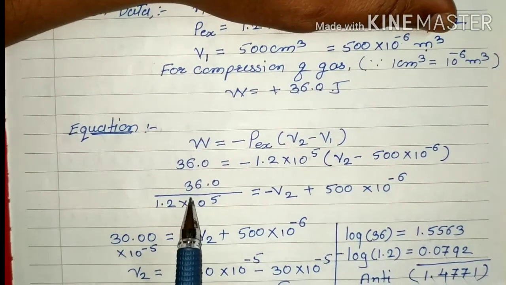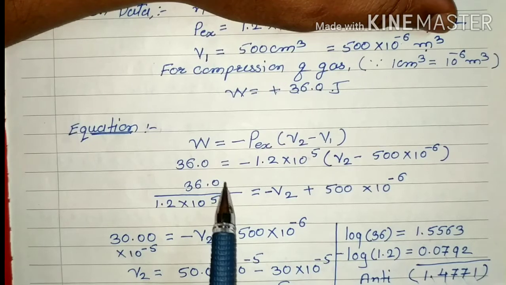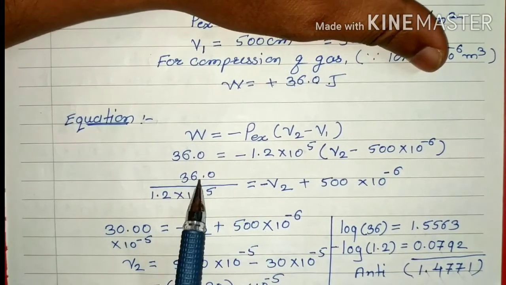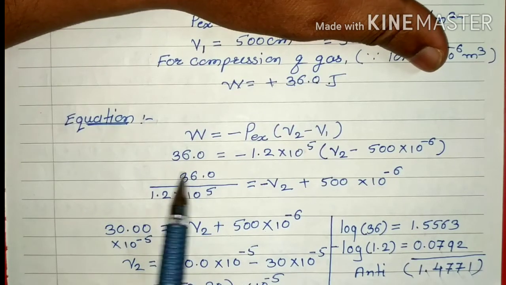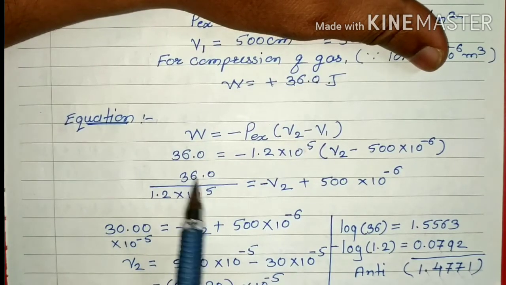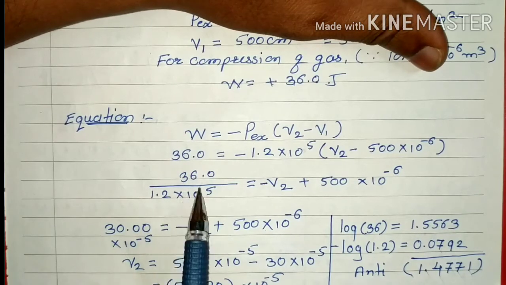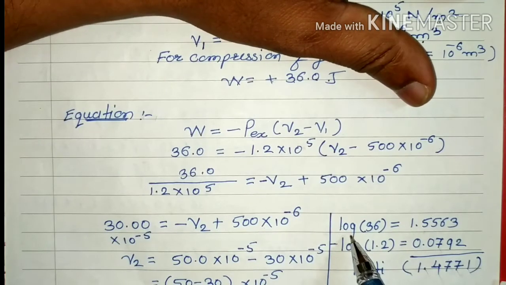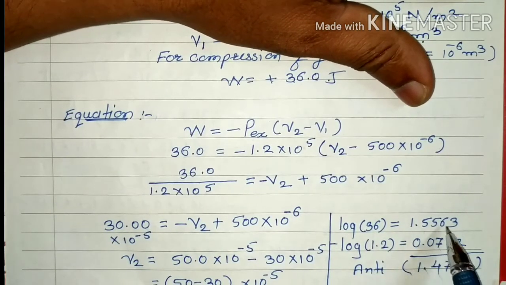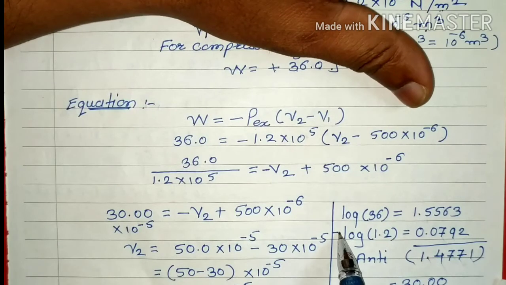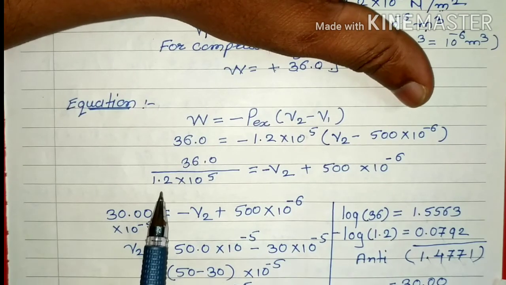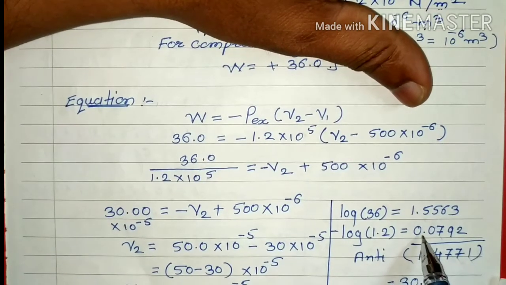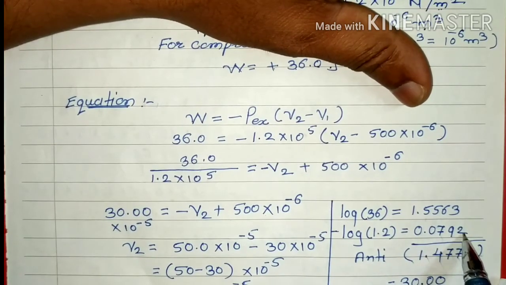Now we have to solve this calculation by the log and antilog method. First of all, solve 36 divided by 1.2. We take the log of 36, which is 1.5563, and subtract the log of 1.2, which is 0.0792.